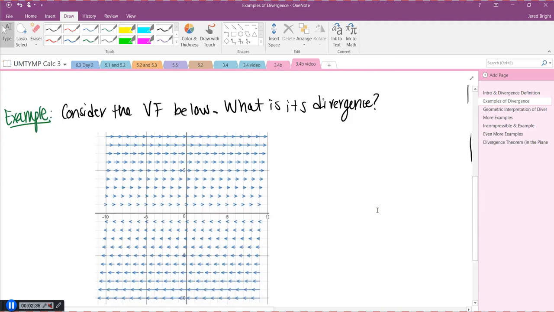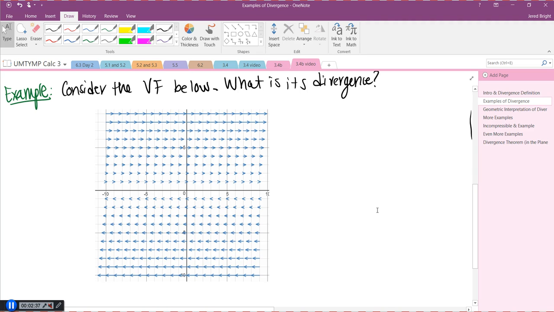And so now here I have this vector field. I want you to come up with a good guess about what the divergence might mean here, or what it might be. Okay, well, again, if we picked up on the language that I was using before, I was saying, if I look at a small region, what is happening in that region?